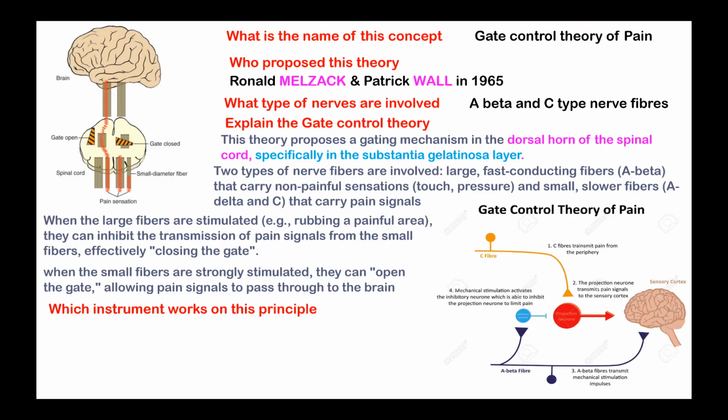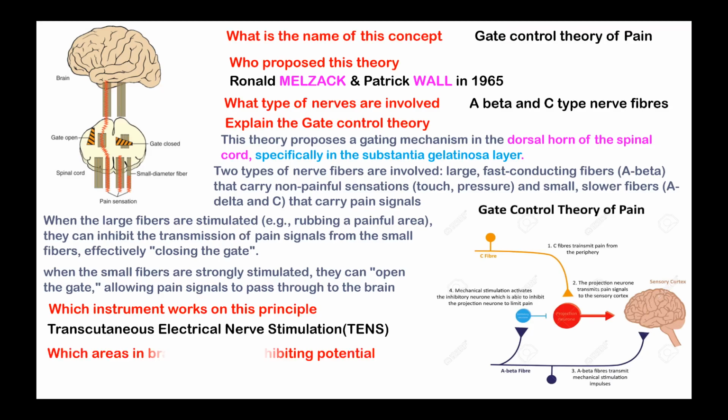What instruments work on this principle and are used for pain relief? There's an instrument called TENS, transcutaneous electrical nerve stimulation, which is used for superficial pains by pain specialists.